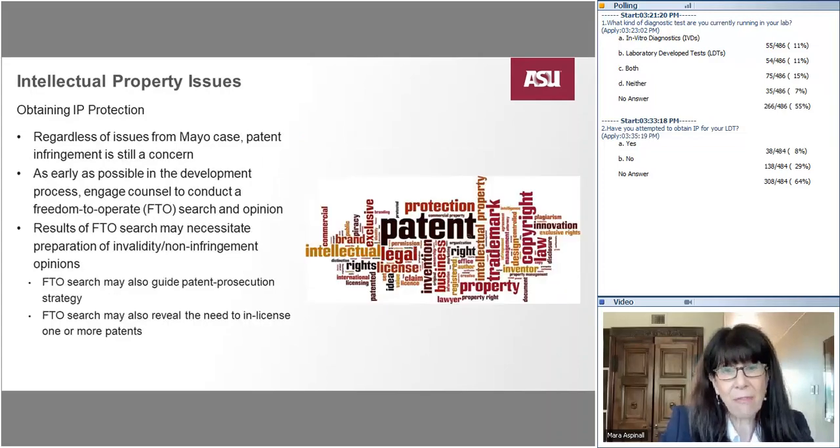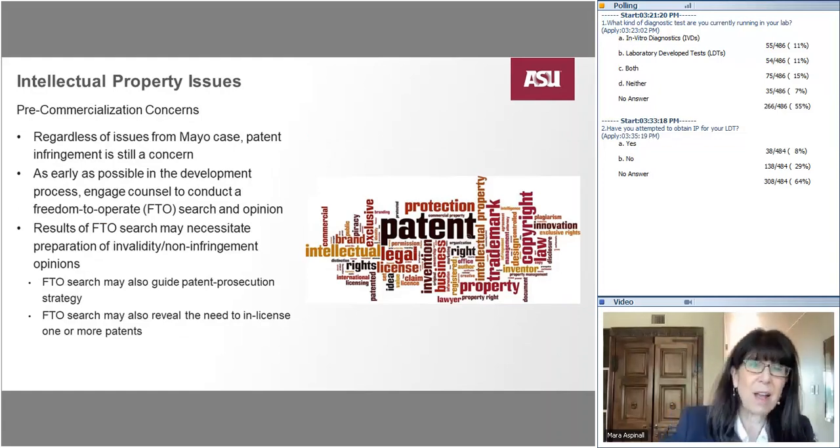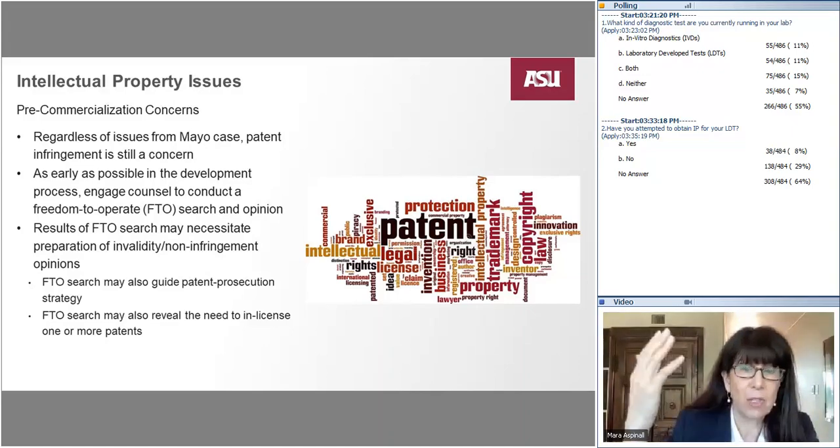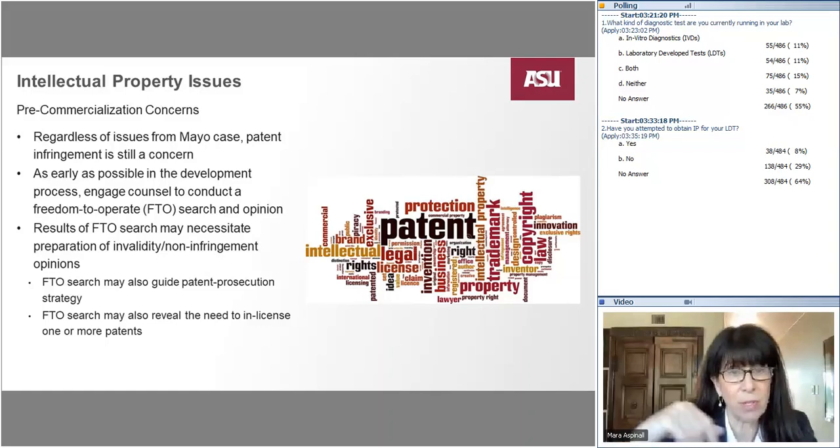So that's offense. Now let's go on the defense, but I'm going to call it sort of proactive defense. What should you be thinking about when you're developing an LDT? Well, regardless of the issues with Mayo, patent infringement is still a concern. So the last thing you want to do is infringe on somebody else's patent, certainly not have them infringe on yours.